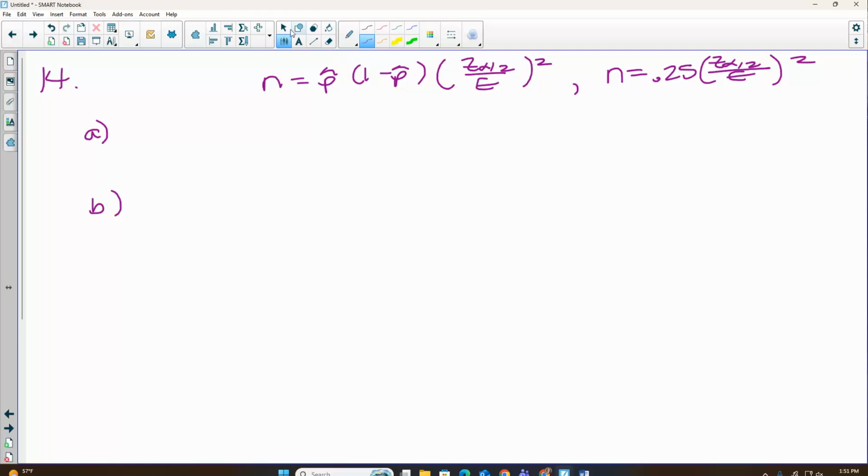Do we have a prior estimate here? Yes, that's what that 34% is. So that p hat, my prior estimate, is the 0.34.